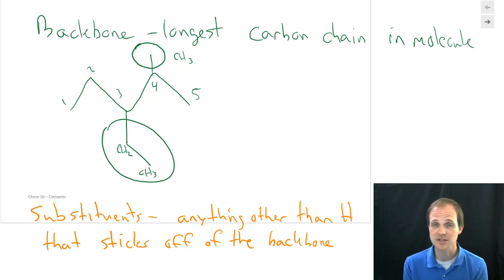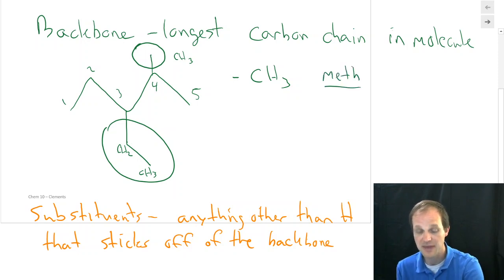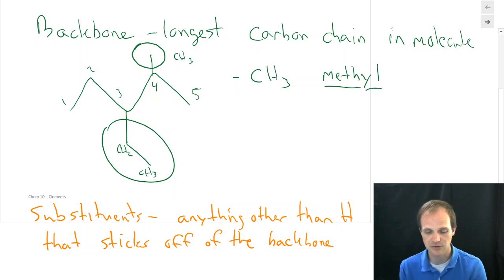And that's how we're going to start naming these things, is we're going to name substituents where they are and also name our backbone. Substituents have a name. If I've got a CH3 sticking off, well, 1 carbon we had the meth prefix for, methane, when we were talking about the alkanes. When it's a substituent, we use the yl, and we call it a methyl group.